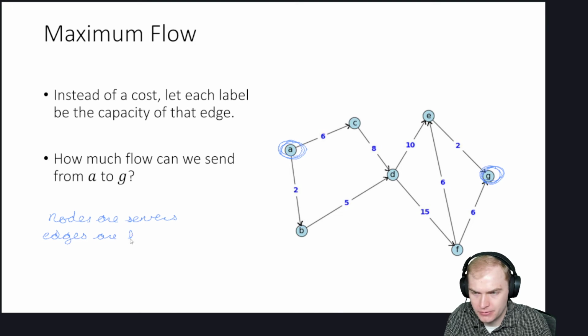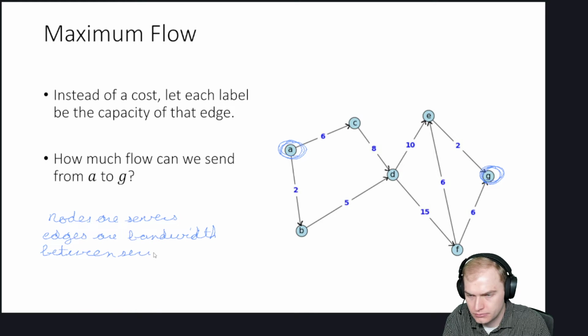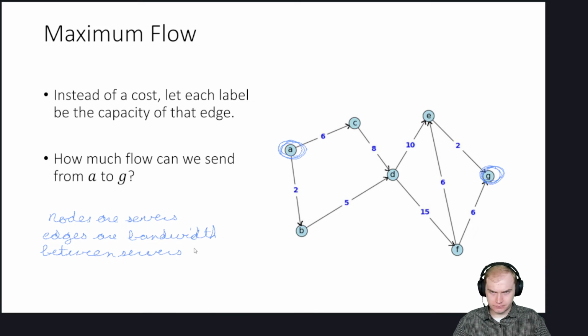Edges are bandwidth between servers, and you want to maximize your bandwidth from A to G. We want to send our signal between these servers in such a way that we have the most bandwidth possible, the highest quality of signal coming through. And we can use as many of these servers to do that as we want, or as capacity allows.